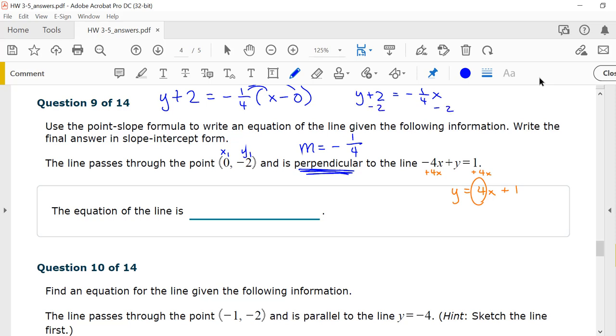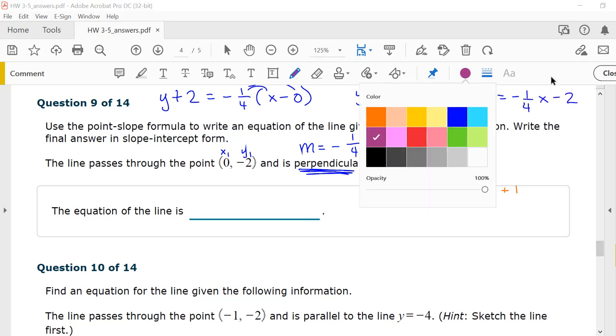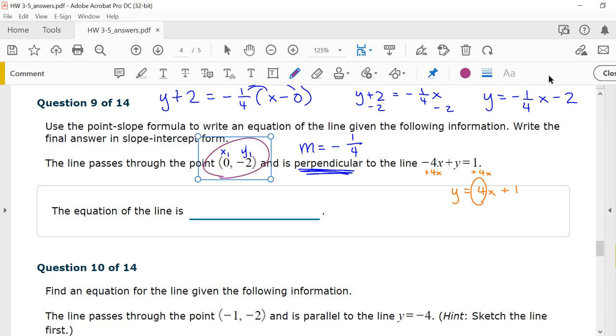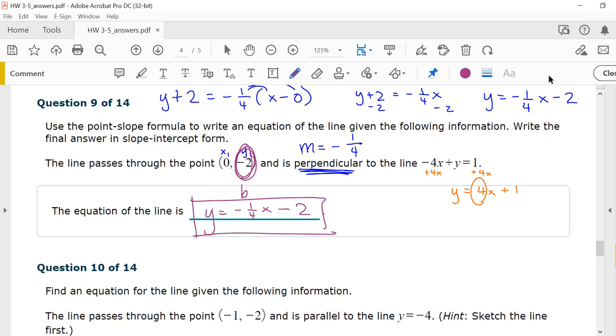Subtract 2 from both sides and get y equals negative 1/4 x minus 2. Another way to do this, you could have noticed that b is negative 2, and just written it directly, y equals m, negative 1/4 x plus b, so minus 2. There's my equation of my line.